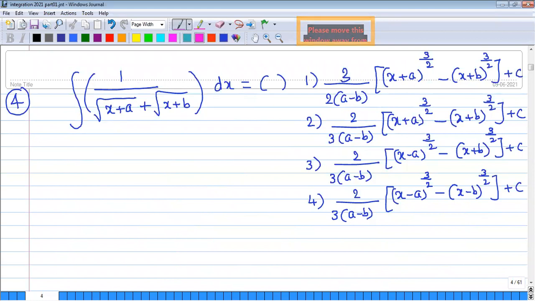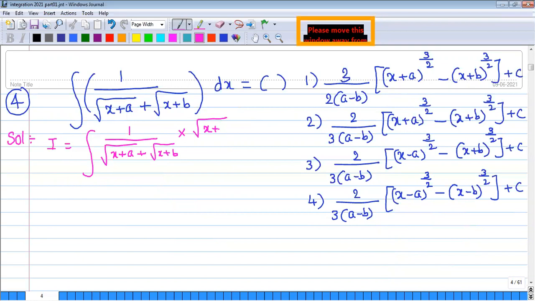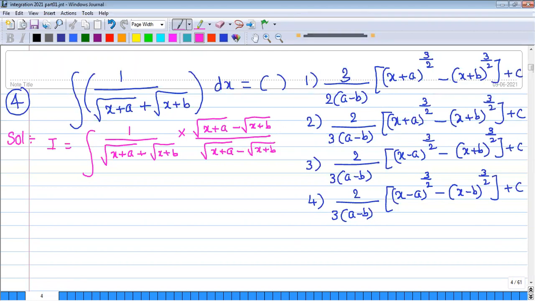So this can be written like this: I equals integral of 1 upon root of x plus a plus root of x plus b, multiplied with root of x plus a minus root of x plus b upon root of x plus a minus root of x plus b, dx.